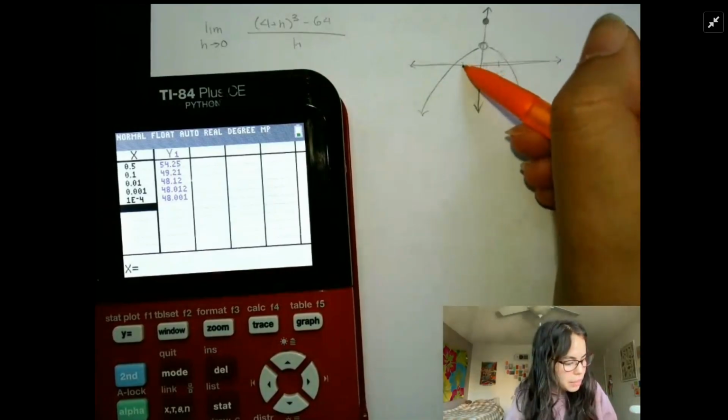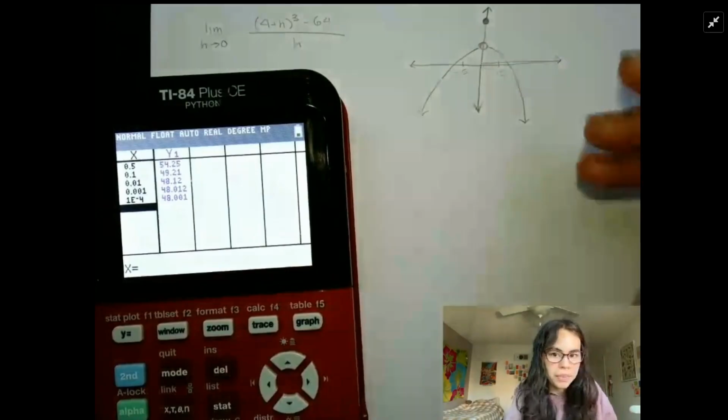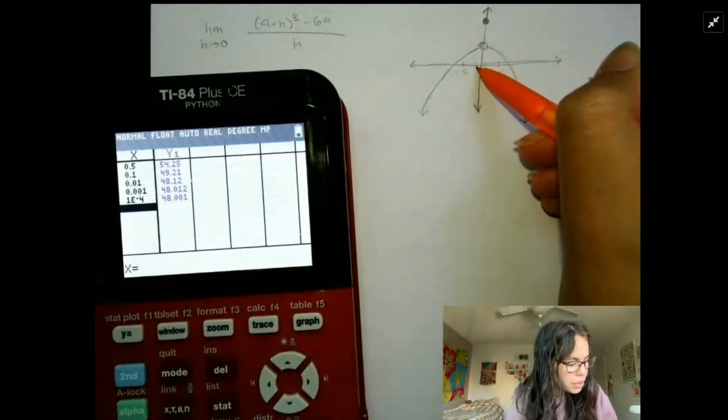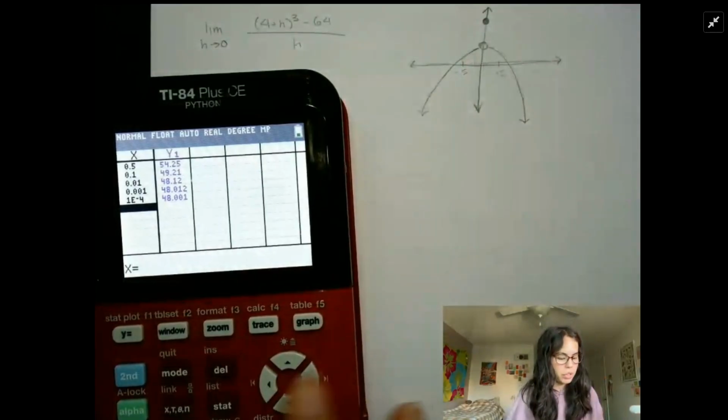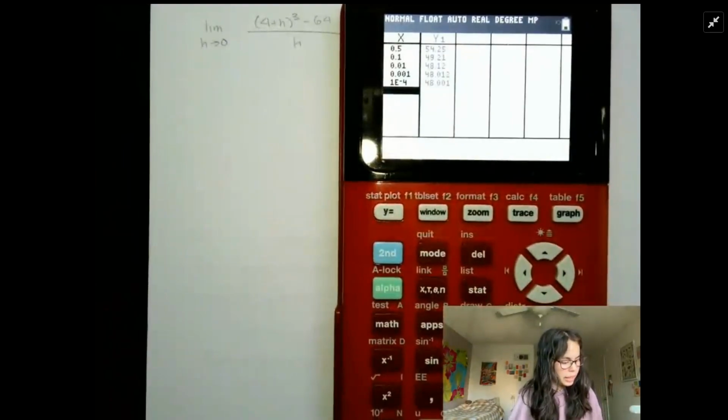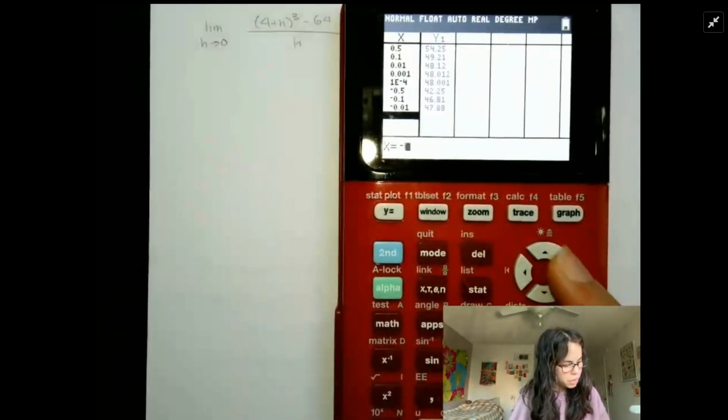So we're going to do the same thing. We're going to look at negative 0.5, and then get closer and closer and see what value our y value here approaches. So I'm going to go ahead and do that now. We're going to plug in negative 0.5, negative 0.1, negative 0.01, negative 0.001, negative 0.0001. Okay, and I think that's everything they wanted us to plug in here.